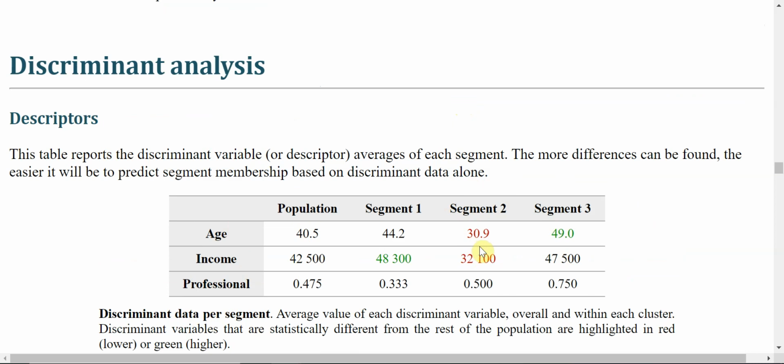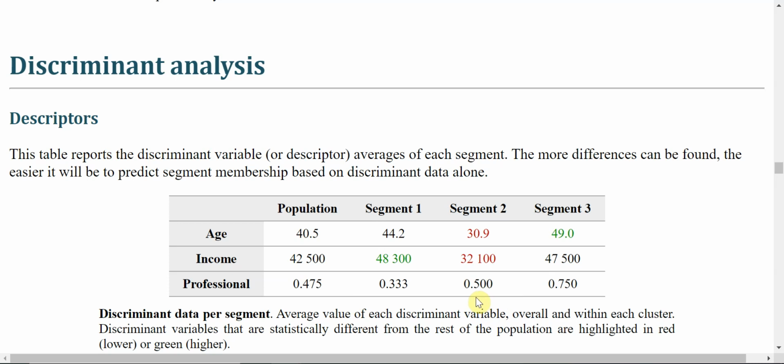So who are they? They are youngest in the 3 groups, younger than the whole population here, only 30. Income, lowest. And professional, just because we have 2 values, 0 and 1, 0.5 means 50% answered yes and another 50% answered no. So we can say that our target segment is young people with lower income, and half of them are full-time workers.